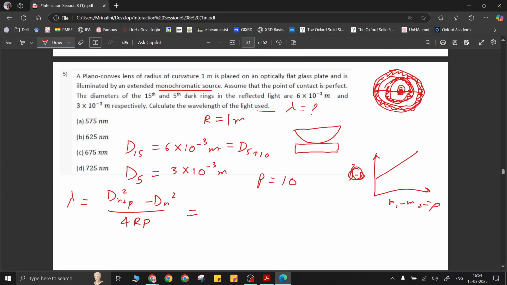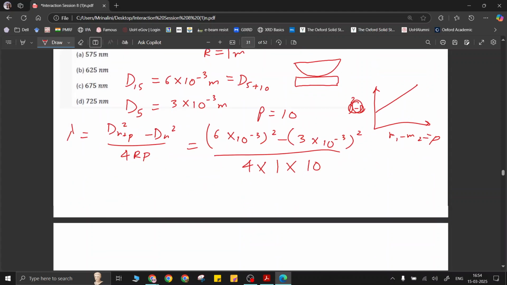Maybe we can do it at the end. So 6 times 10 to the power minus 3 squared, minus 3 times 10 to the power minus 3 squared, divided by 4 times r, in meters, r also let's keep in meter, and p is 10.